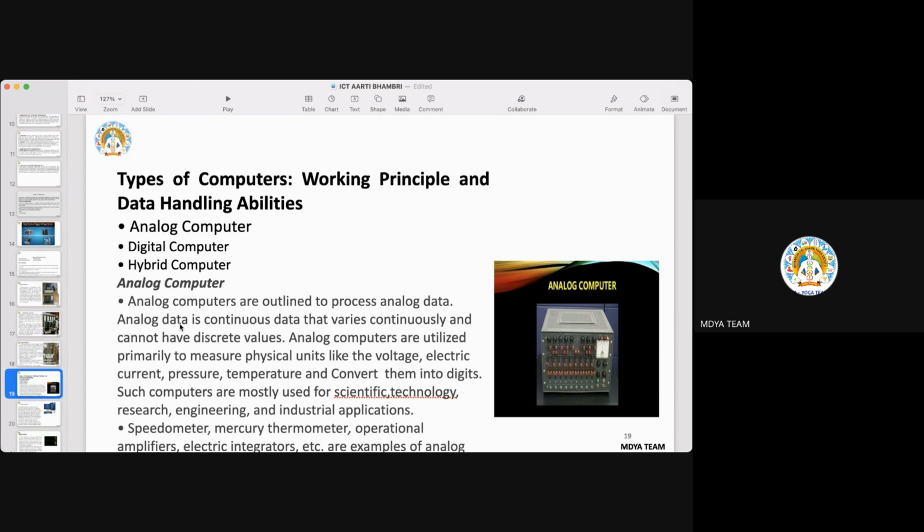Analog means continuous. Continuous means the signal varies with time. At each time it has a different value, and that value is taken into account when the data is processed. That's why they are based on analog signal mode, so they are known as analog computers.